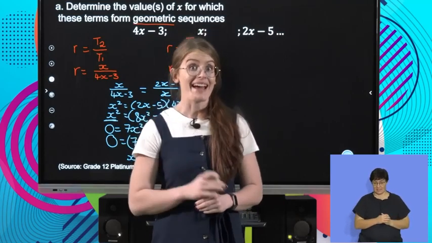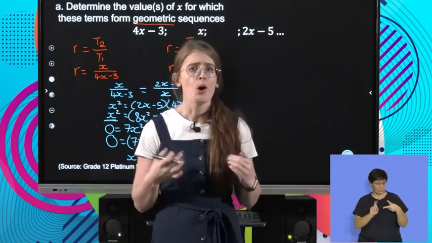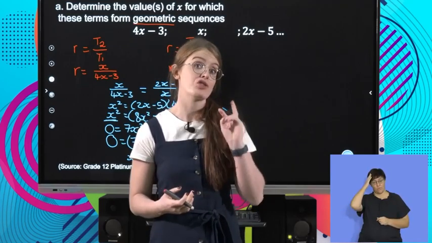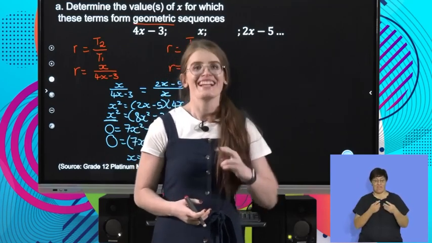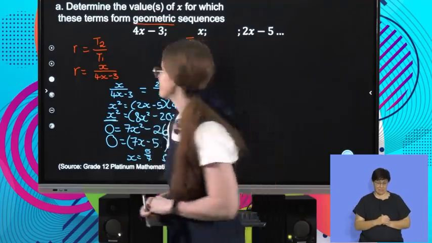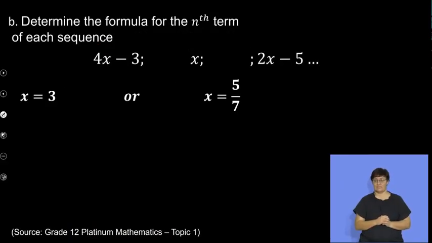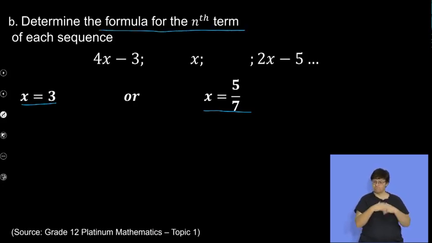Now I'm going to look at the second part of this question, knowing that I actually have two x values. Let's look at the next slide together. So I know that my two x values are x is equal to 3 and x is equal to 5 over 7. The question for B is asking me to determine the formula for the nth term of each sequence.